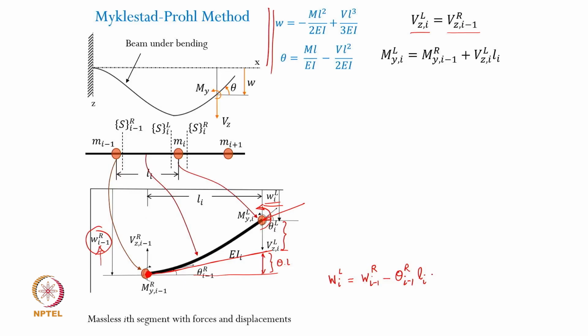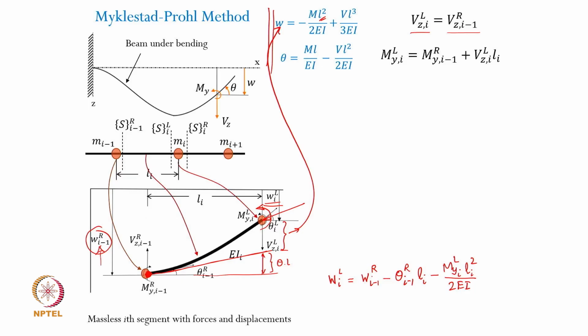So minus M_{y,i} L_i square, because I need to now look at the length which is pertaining to this particular segment, divided by 2 EI. Okay, this is going to be the deflection because of the acting moment at this extreme end, right. So this is what I am basically going to look at.